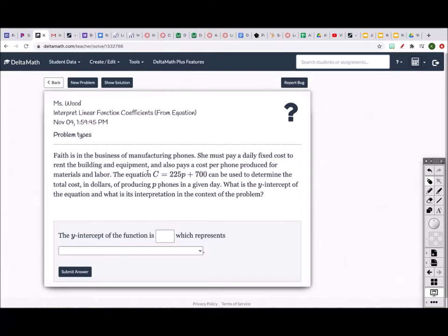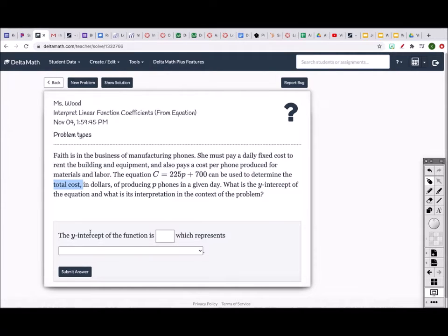So C is the total cost, and it starts at $700, but then it goes up $225 per phone. How did I know that? Because it says P stands for phones. How did I know it was a total cost? It says total cost, which is the C. So it begins at 700 and it increases $225 per phone.